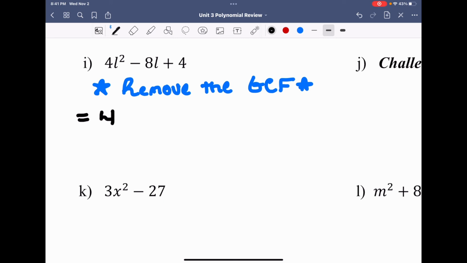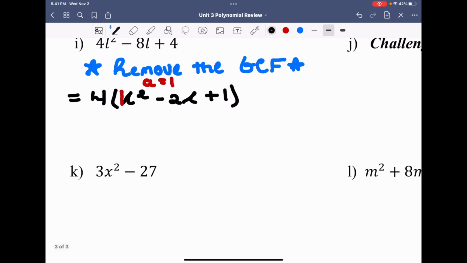So I'm going to remove 4 out front, and if I take 4l squared and divide it by 4, I'm left with l squared. If I take negative 8l and divide it by 4, this is negative 2l. 4 divided by 4 is plus 1. And now I look at this and I say, if the coefficient of the degree 2 term is now a equals 1, I can factor this by inspection.